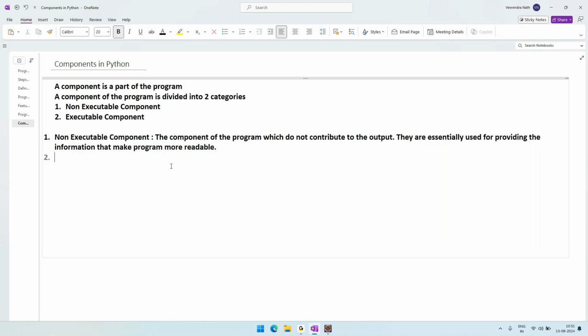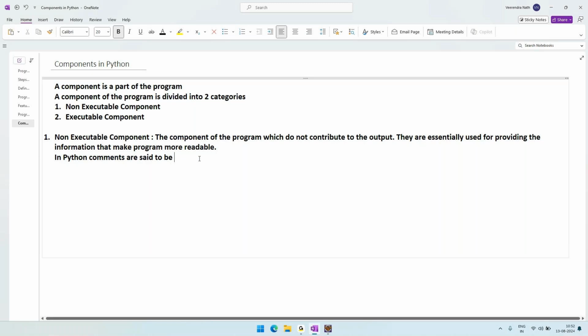In Python, comments are said to be the non-executable components.